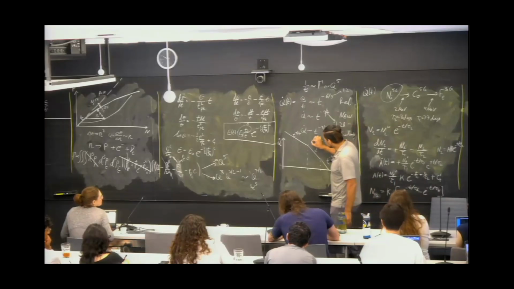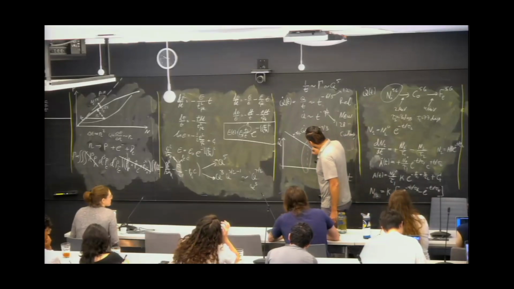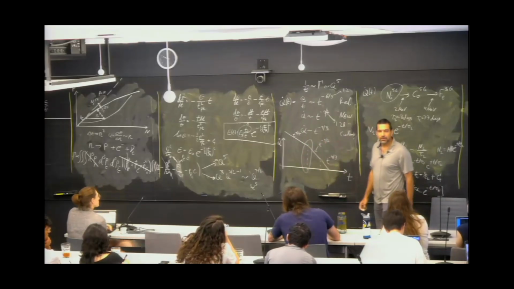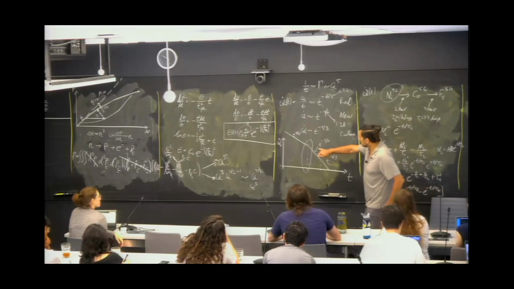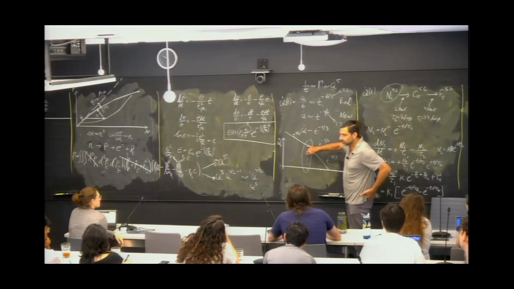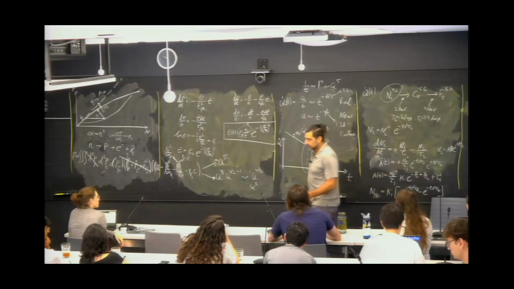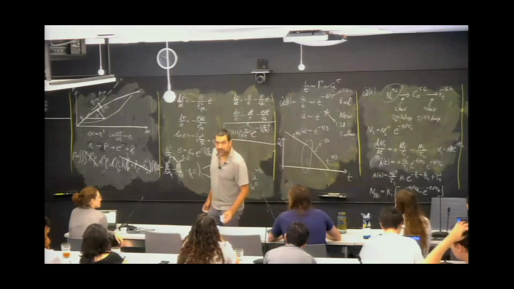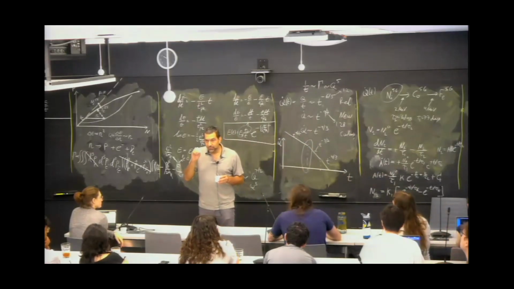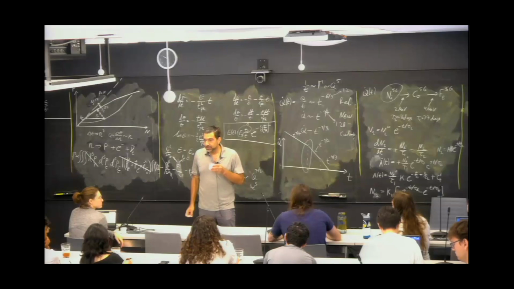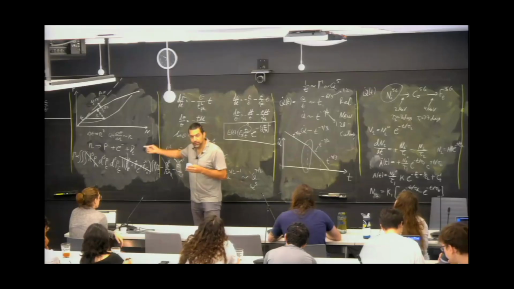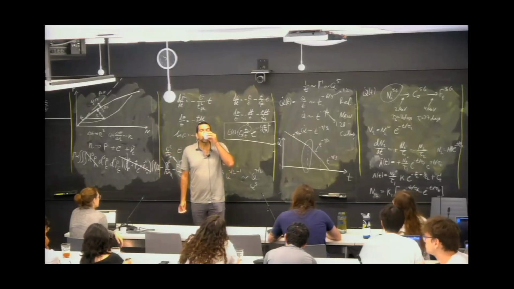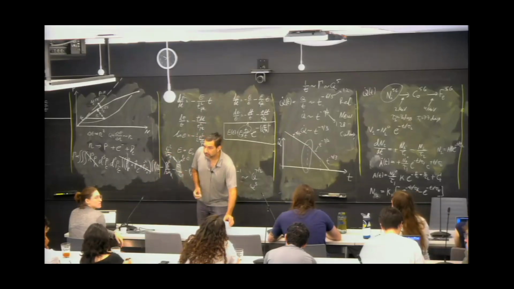I want you to tell me this timescale. What defines this? Transition from what to what? Right. So what is the energy release per decay in that transition? Who is doing the transition from relativistic to Newtonian? The electron. What's the rest mass of the electron? Half an MeV.